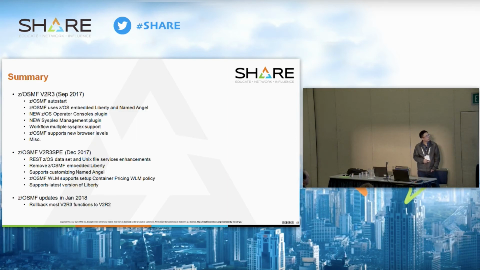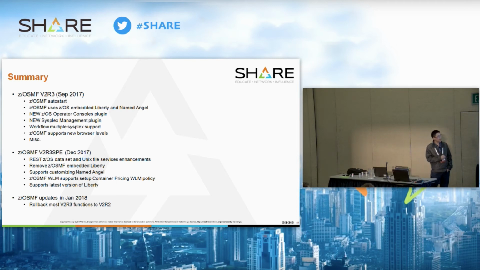So in summary, we introduced new functions in OSMF V2R3 in September last year. We talked about OSMF auto start, which also impacts the OSMF configuration in V2R3. We talked about OSMF starting to use the z/OS embedded Liberty, which saves your storage space. We introduced two brand new OSMF plugins in V2R3.